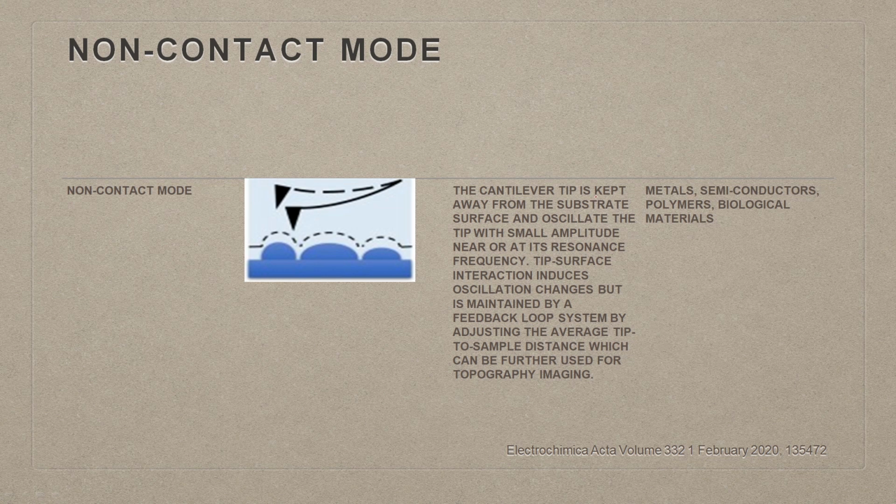The cantilever tip is kept away from the substrate. You see, the tip is not touching the substrate, and you oscillate the tip with a small amplitude near or at its resonance frequency. Tip surface interaction induces oscillation changes but is maintained by a feedback loop system by adjusting the average tip to sample distance, which can be further used for topography imaging.